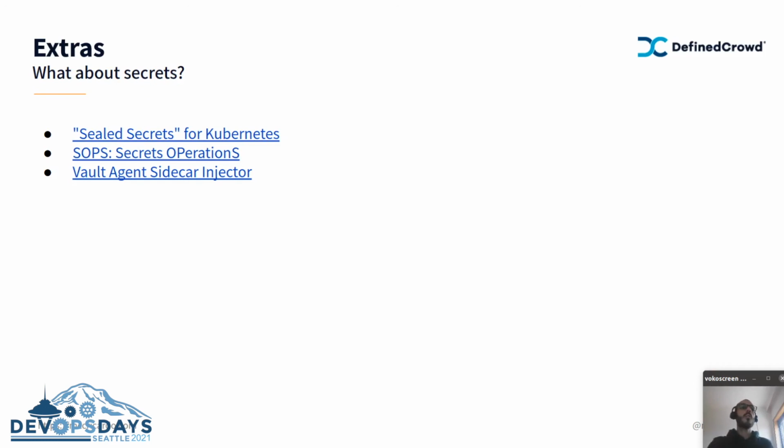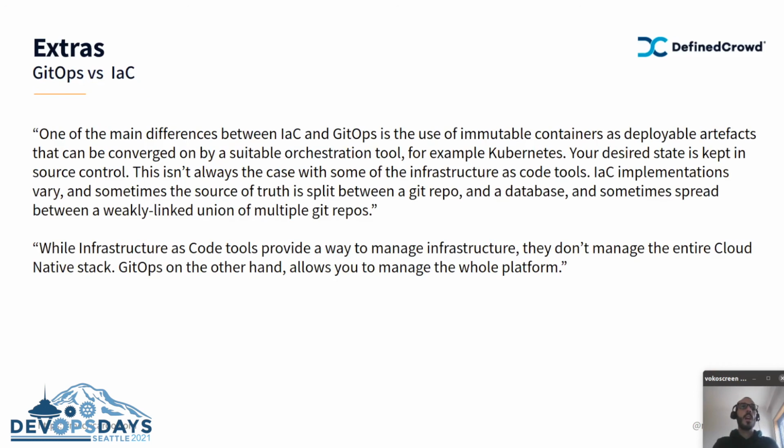And of course, you also have options like the Vault Agent Sidecar Injector that can connect to a Vault installation and inject the secrets via environment variable, or into a file inside the file system.